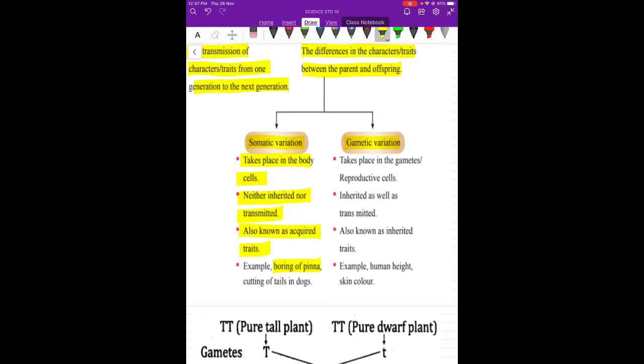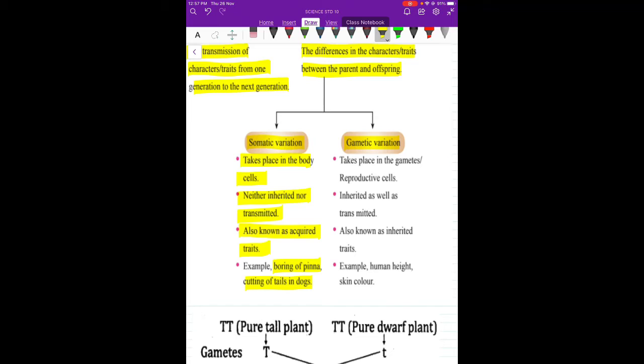If you take a dog or a rat and cut its tail, and the rat reproduces, it doesn't mean that the offsprings of the rats will be tailless. No, it is only for that one. So it is not hereditary.